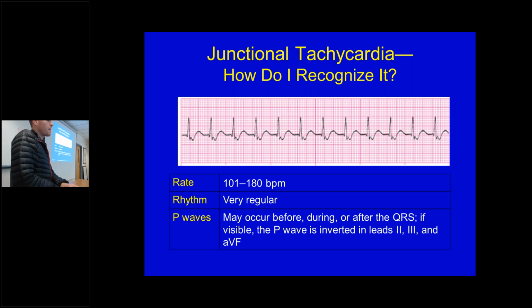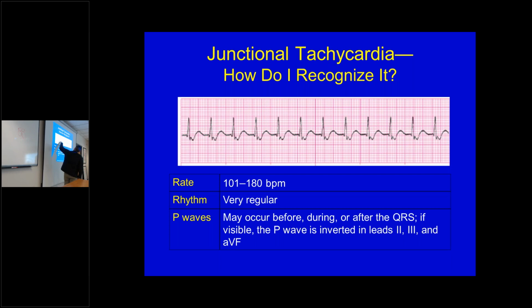Let's say on the fourth beat, before the QRS, is that an inverted Q wave? That's a Q wave. This could be your inverted P wave, because that's not a normal ST segment depression, right?